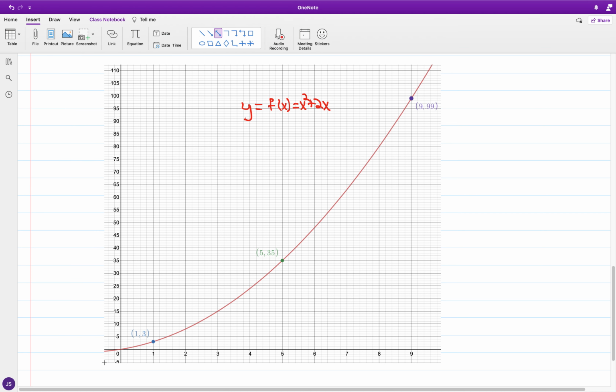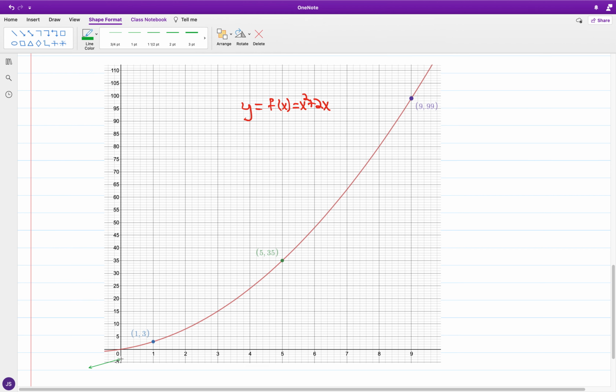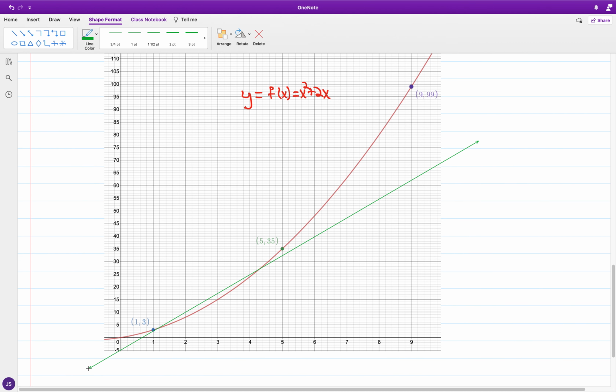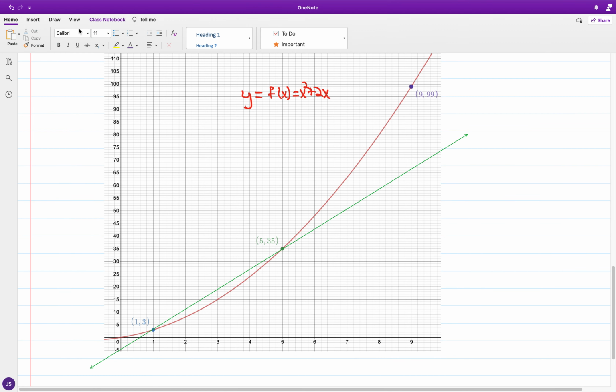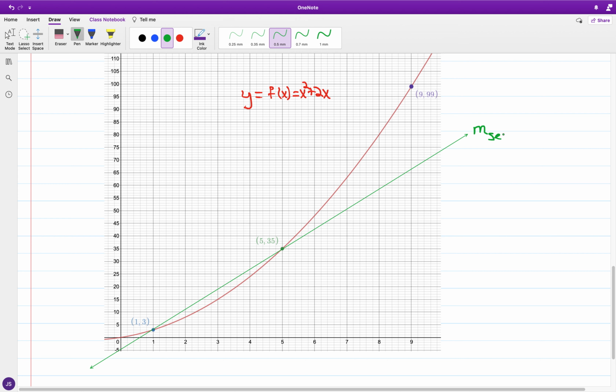And we'll say that for the secant lines, going through 1, 3 and 5, 35, just for the secant line, the average rate of change of that curve between x equals 1 and x equals 5 is 8.